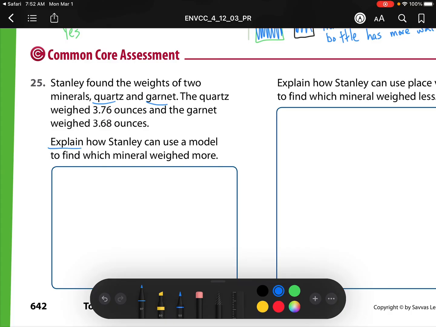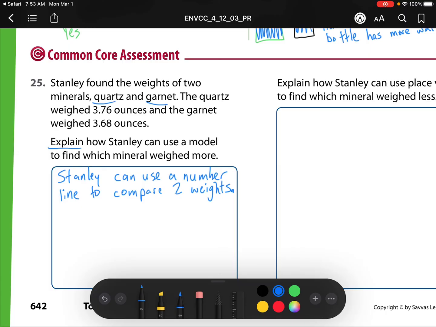So this one, honestly, is a little more than what we've been practicing. So it's going to say, how do we use that model? Stanley can use a number line. That's one way. So let's just talk about that. Remember, our models don't always have to be those place value blocks. So we can use a number line to compare the 2 weights.